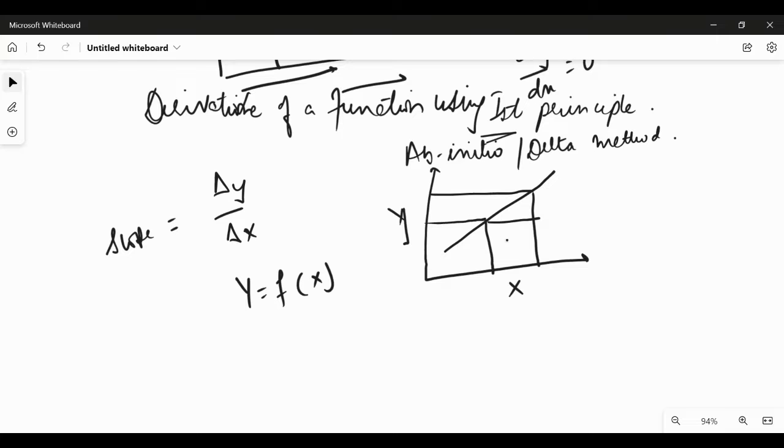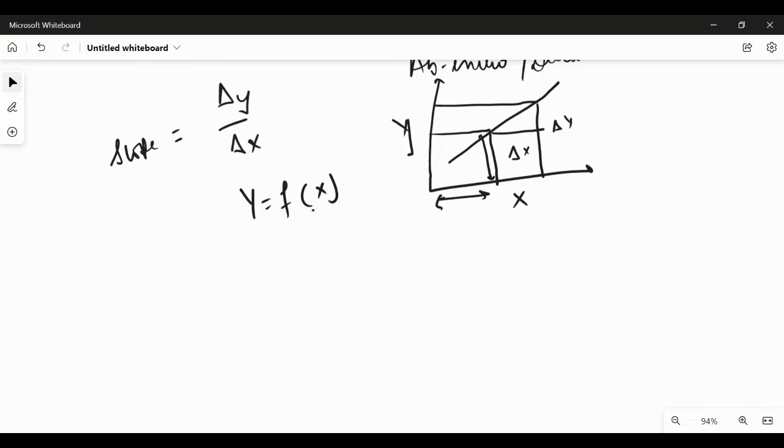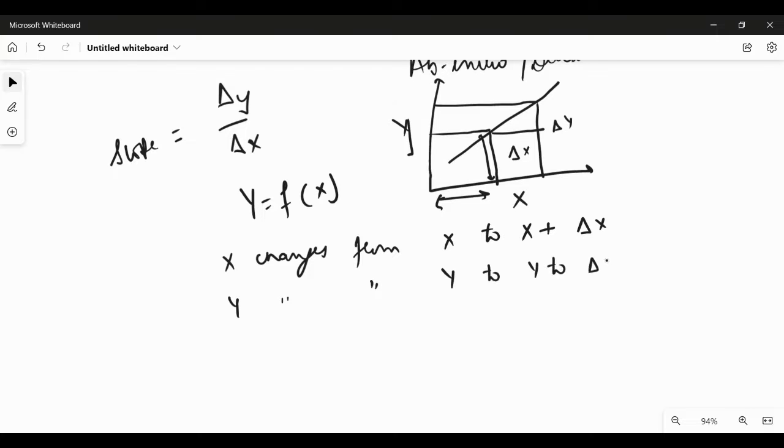Now in the diagram, you see this is my first value of x, this is my initial y, and these are my increment values. Next, you can see here that x changes from x to x plus delta x, and y changes from y to y plus delta y.